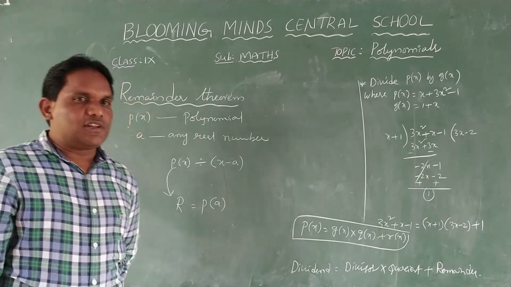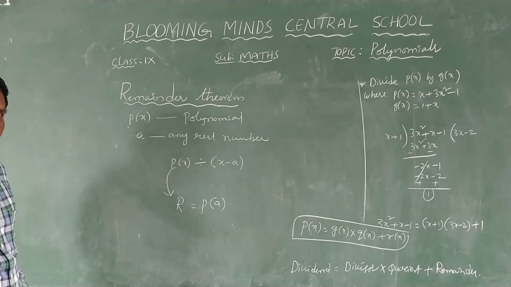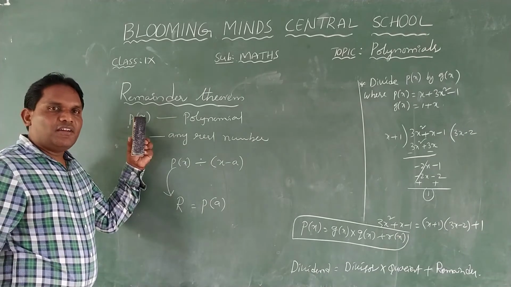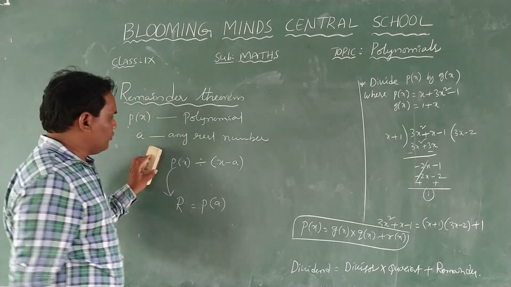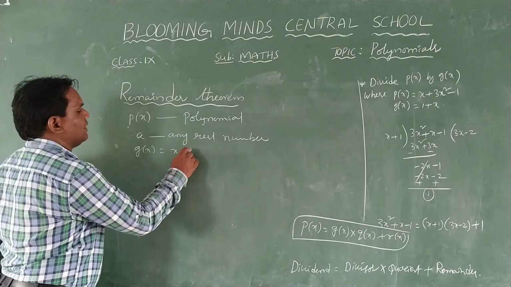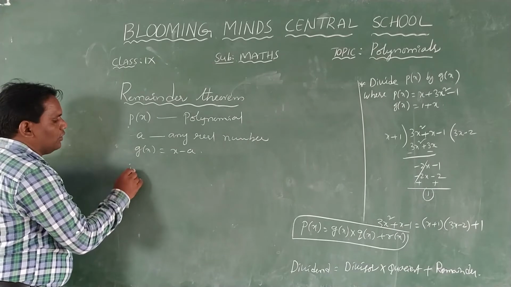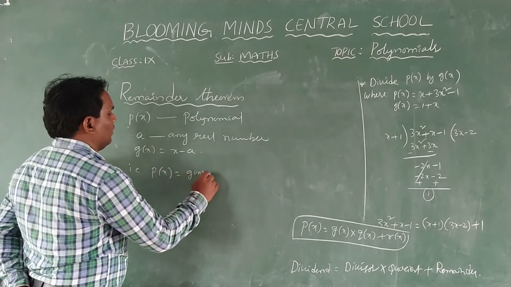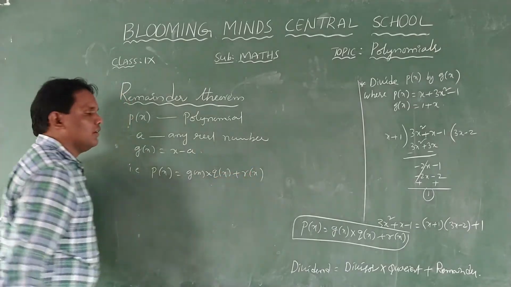There is a proof for this also, we can prove. Already we have taken P of x is a polynomial, a is a real number, G of x we have taken as x minus a. Then we can conclude that P of x is equal to G of x into Q of x plus R of x.